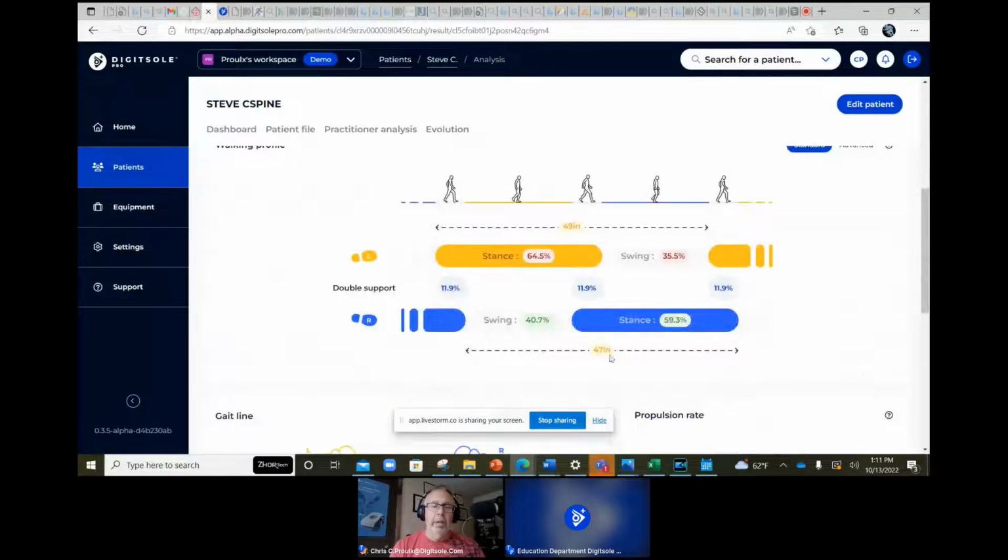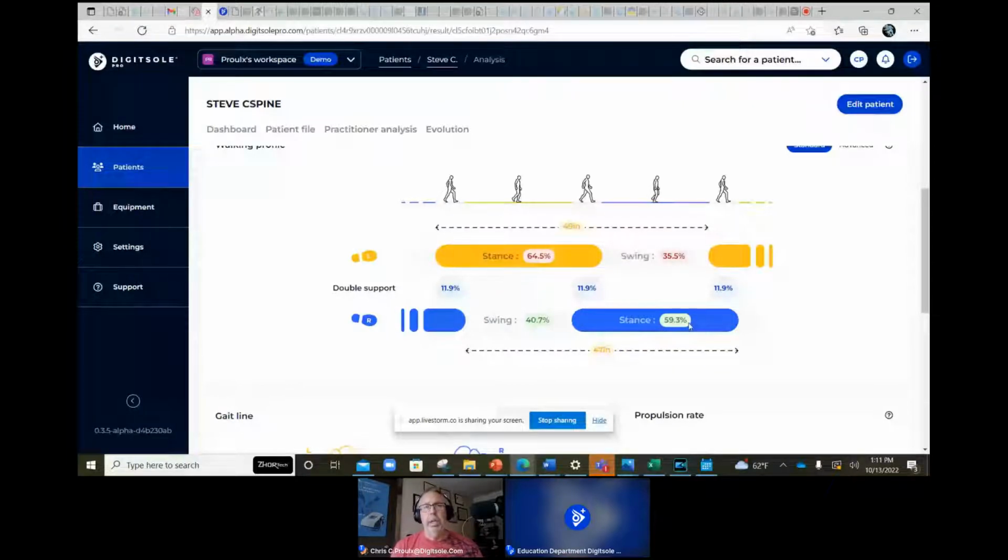There's not a very large difference between the strides, but there's a 2-inch difference. So it's enough, at least for me, to take into consideration, because even though the strides are very similar, we see a much larger stance phase, 64.5% versus 59.3%.